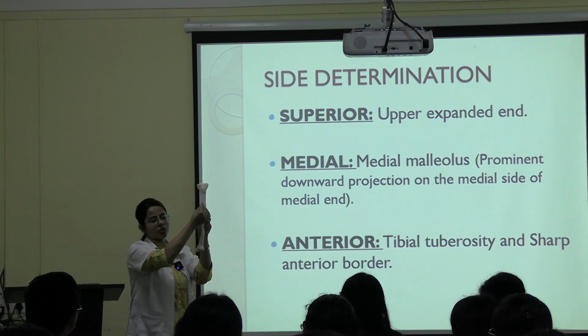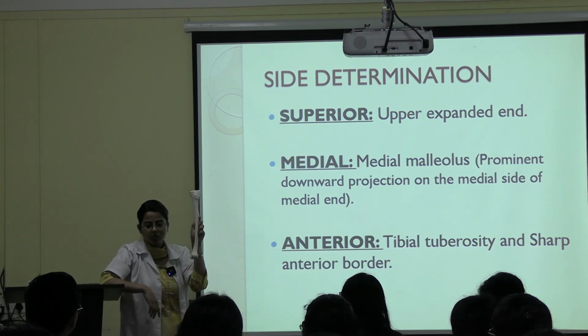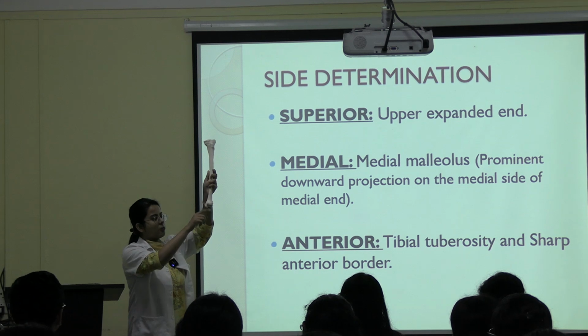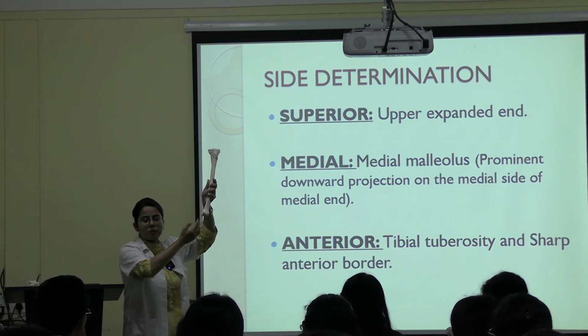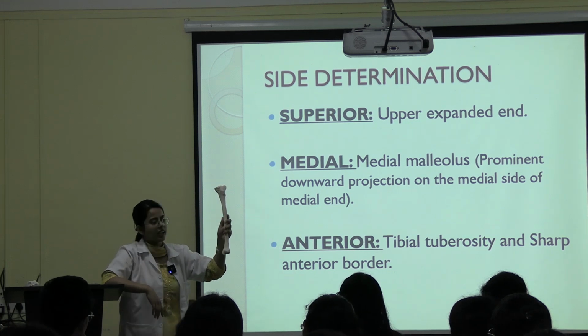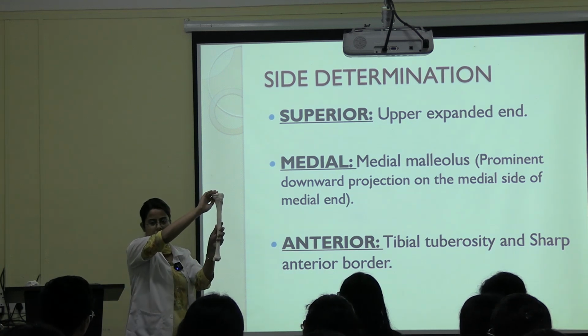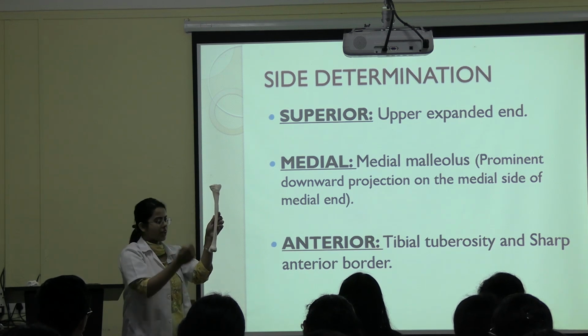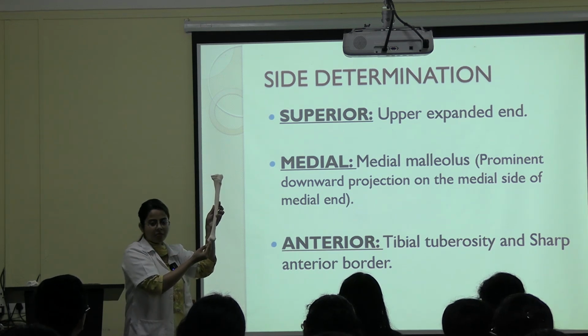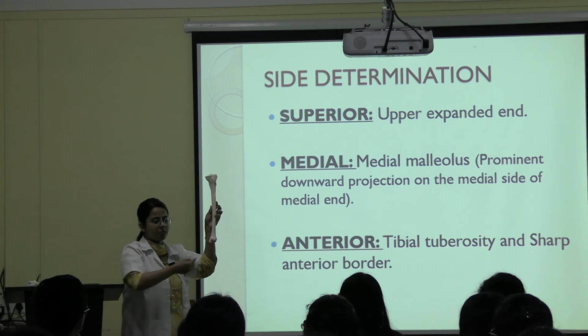So these two structures should be present anteriorly. And this downward projected part is known as the medial malleolus. It should be present medially. So upper end is superiorly, tibial tuberosity and anterior border anteriorly, and medial malleolus medially.